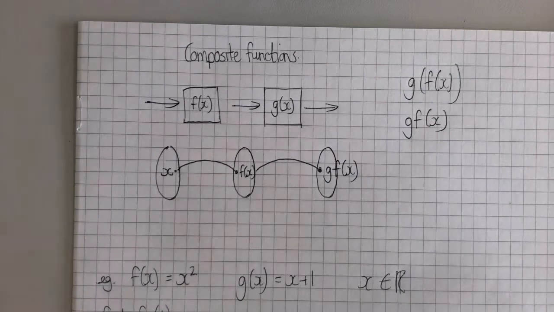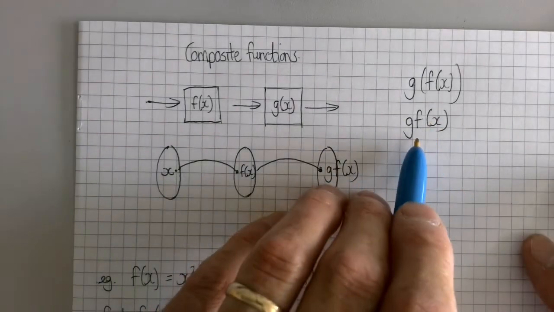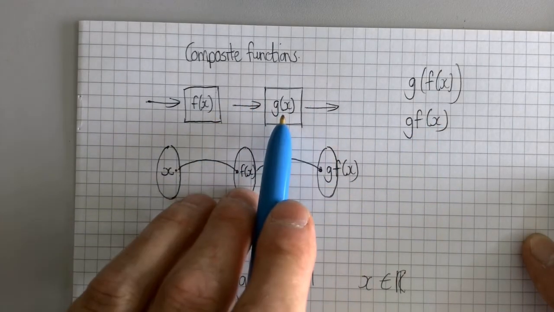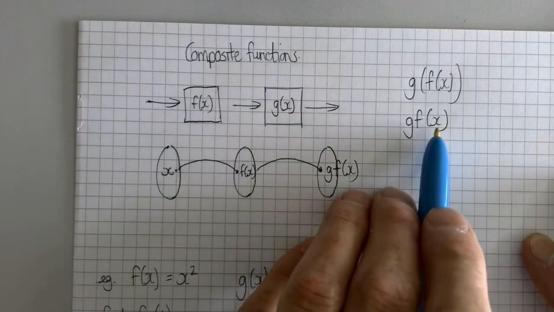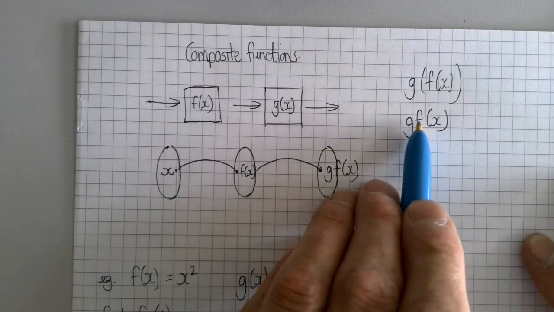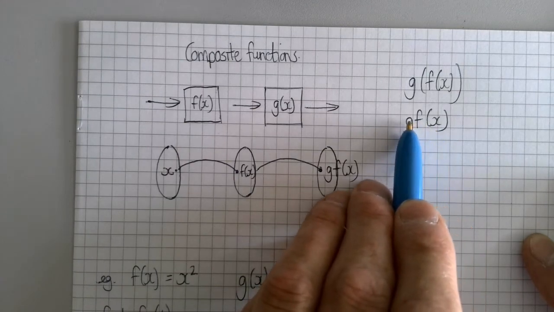The order is important. And I always think it's the wrong way round. This notation here means f followed by g. And the way I get my head around it is I think, okay, let's think about the journey of the x. The x is going to meet f first, and then it's going to meet g.